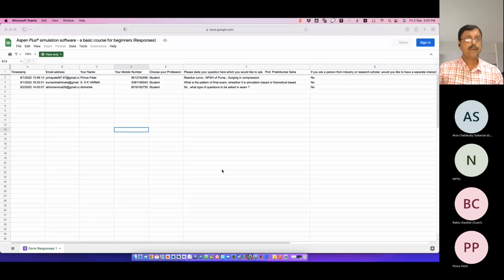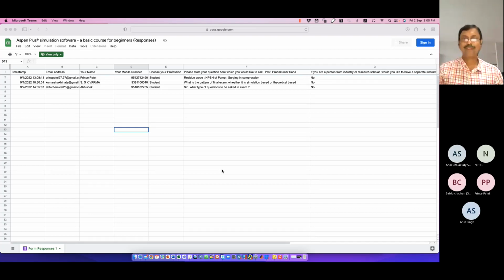Can you please tell me what exactly is your query? Your question is residue curve, NPSH of pump and surging in compression. Now, what is the question actually?